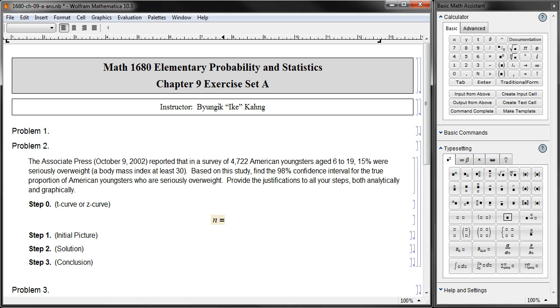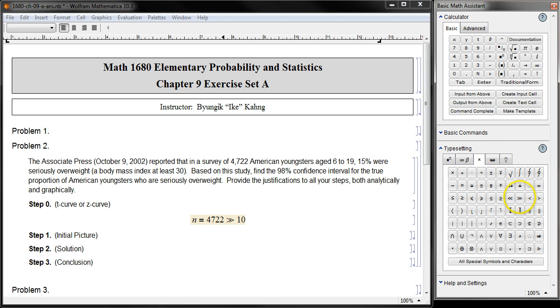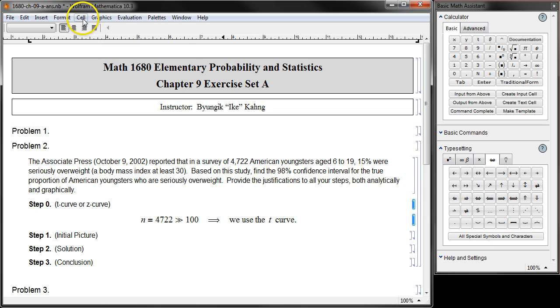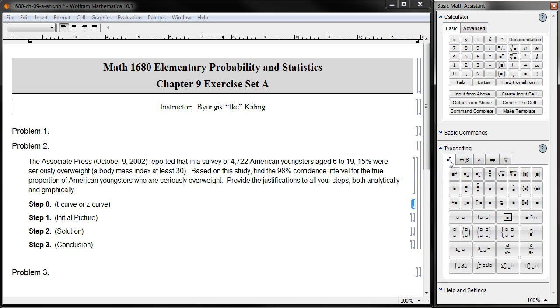N is given as 4,722, and that's really large. Therefore, we'll use T-curve and T-table. Okay, that is step 0 of the problem.